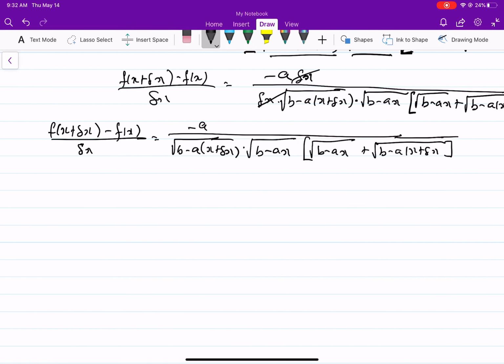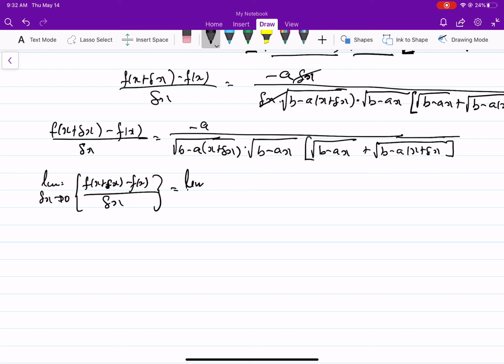Okay, so I have to find the limit of that as delta x approaches 0. So therefore the limit as delta x approaches 0 of f of x plus delta x minus f of x all upon delta x is the same as the limit as delta x approaches 0 of this expression on top here.